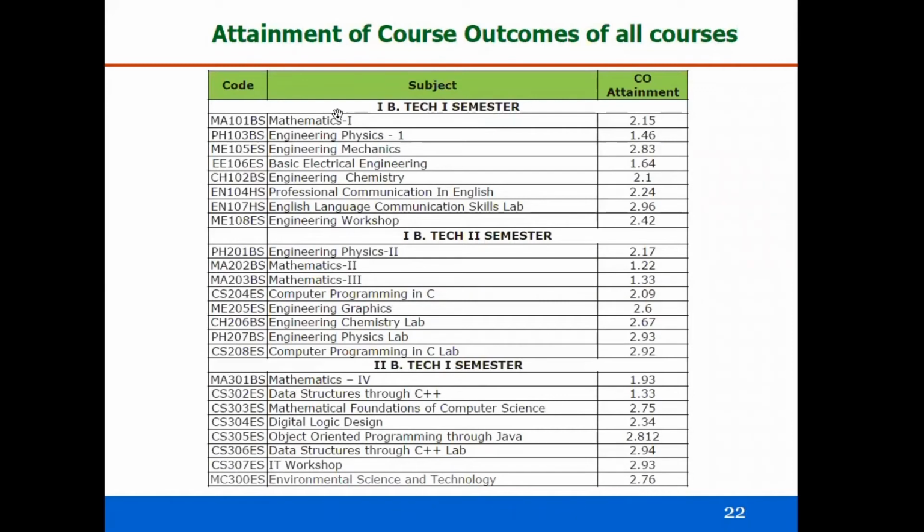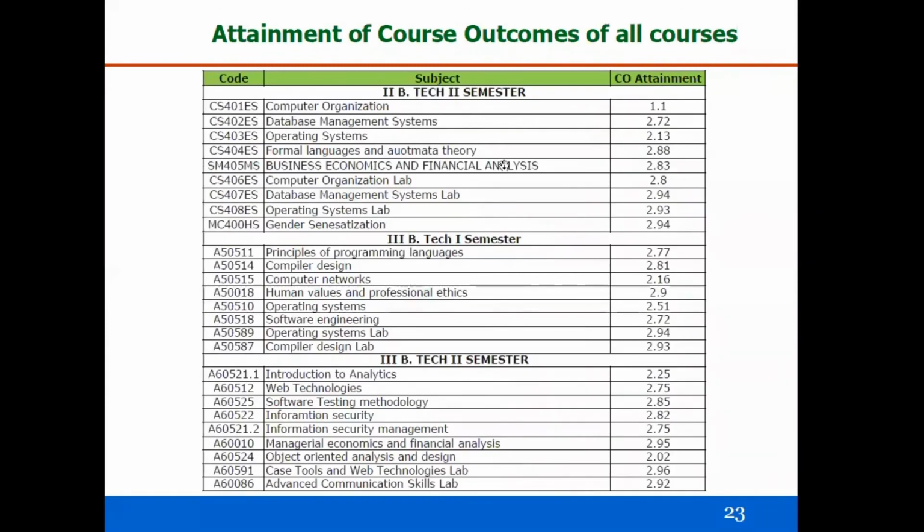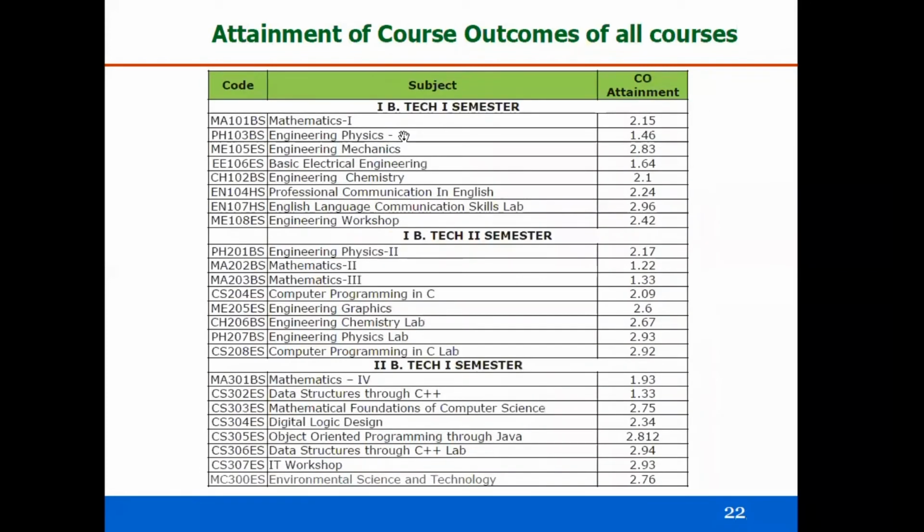So every individual faculty, after doing the overall course attainment, then only we list all the CO attainment values of all the courses here. These are all the CO attainment values of all the courses. In this sample table I have taken all the courses of a particular program, a BTech Computer Science and Engineering program.